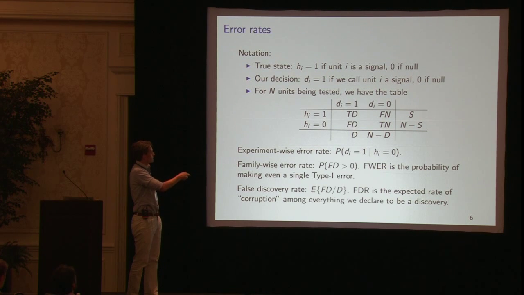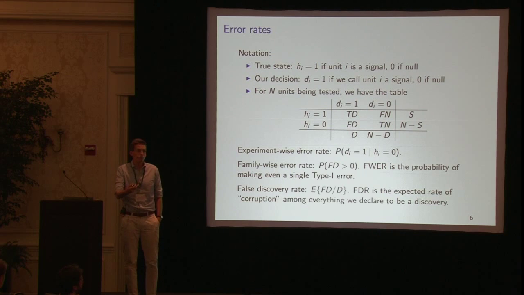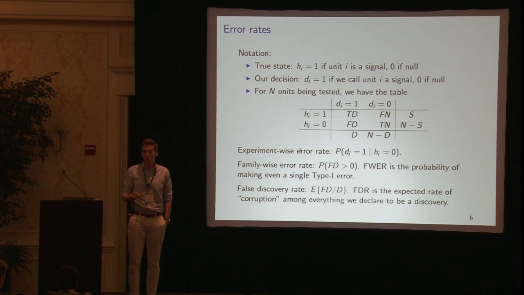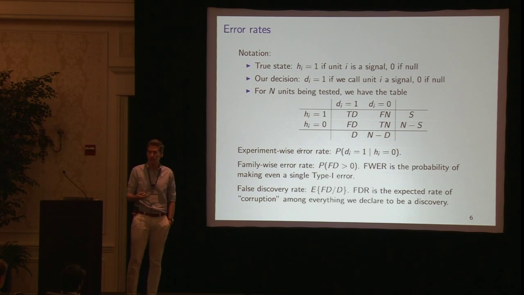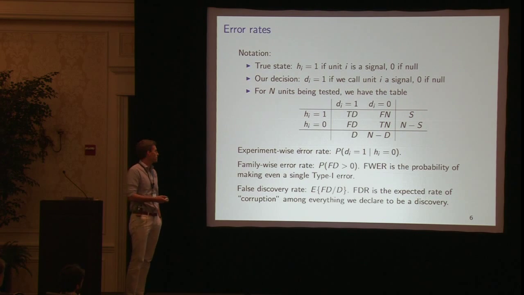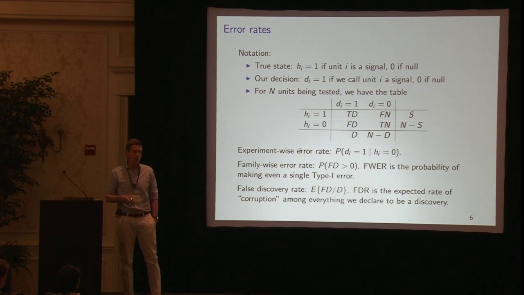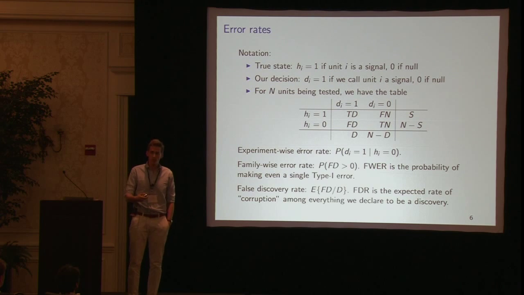We can think about various quantities involving the entries and the margins of this table that correspond to error rates that we'd want to control. Classically, for over 100 years, people have been interested in the family-wise error rate, which is simply the frequentist probability that this cell of the table is something above 0. And that's what Bonferroni correction, for those of you that know what that is, would attempt to control.